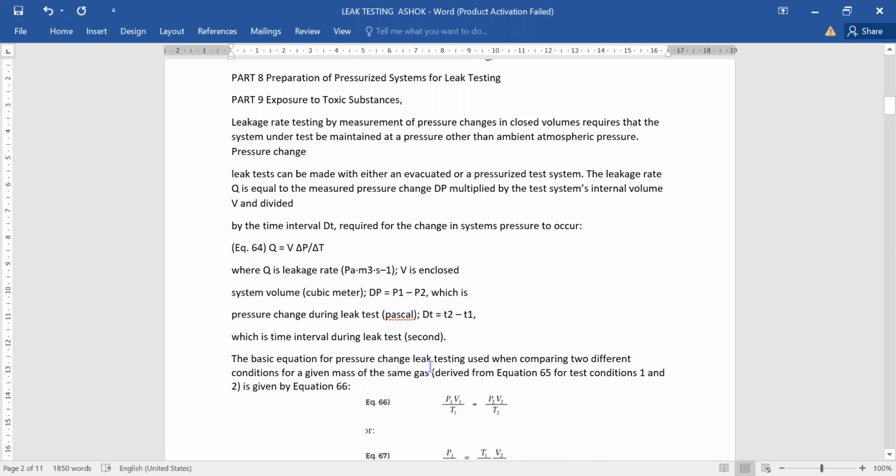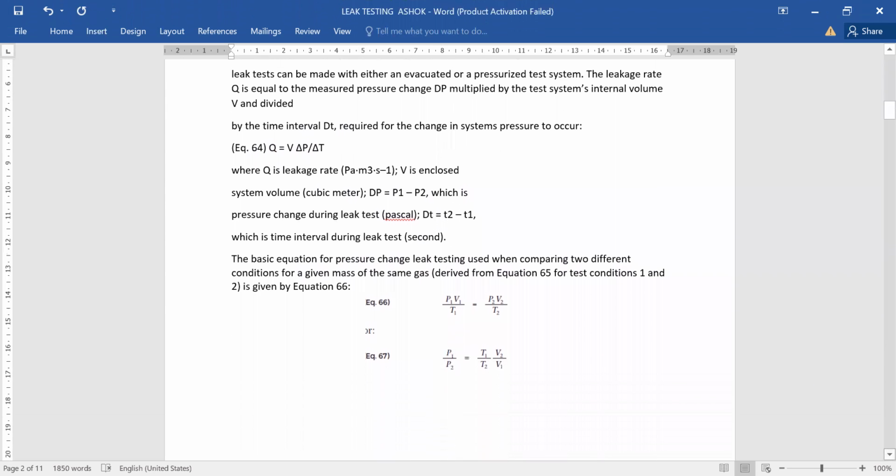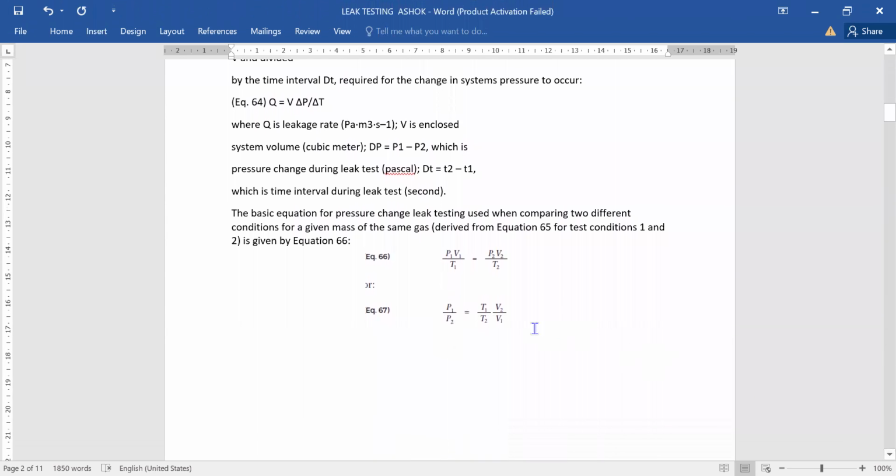The basic equation for pressure change leak testing used for comparing the two different conditions of a given gas is P1 V1 by T1 equal to P2 V2 by T2. If one is keeping pressure constant, then you can write P1 and P2 equal.